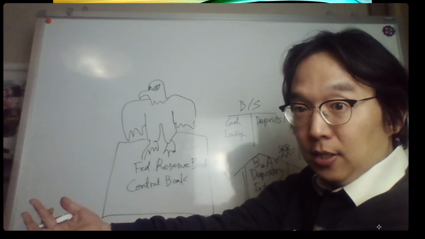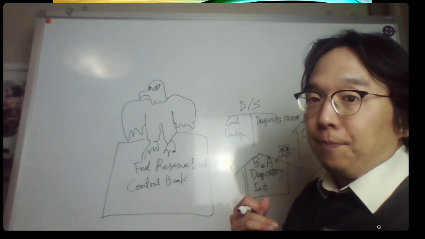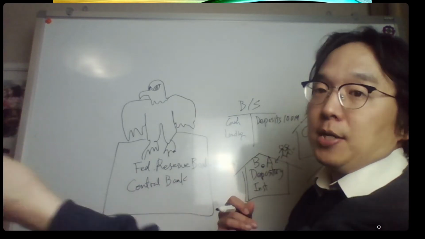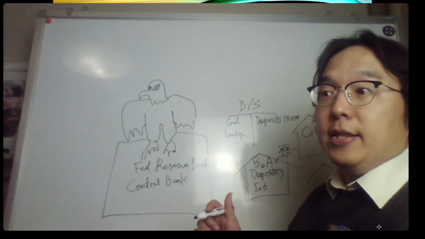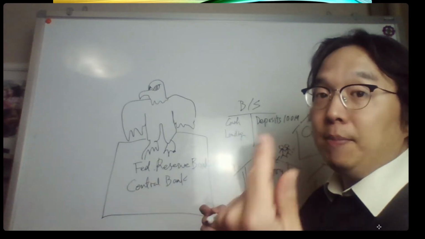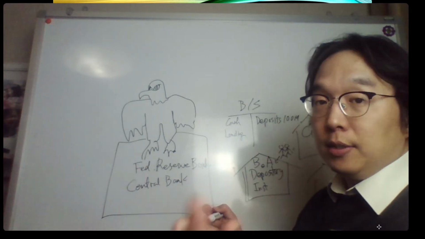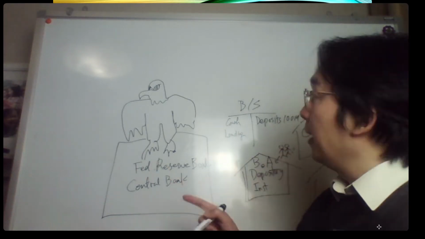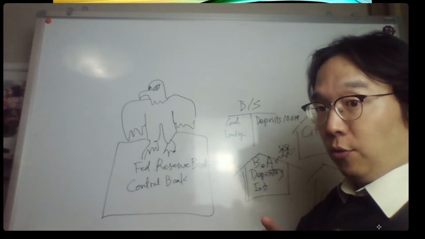Because at any time, if I go to the bank and say, give me my deposit money, $1 million, please, they have the obligation to pay me $1 million. It's a demand deposit. That's why it is recognized as a liability.